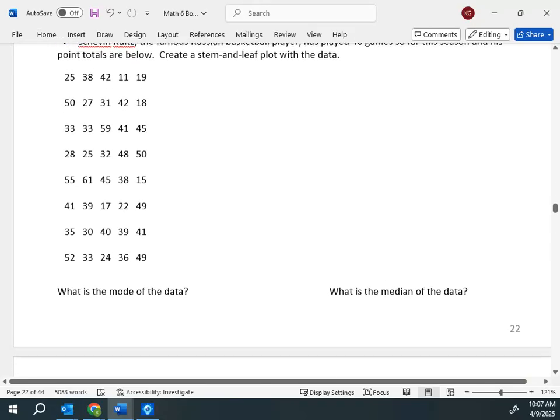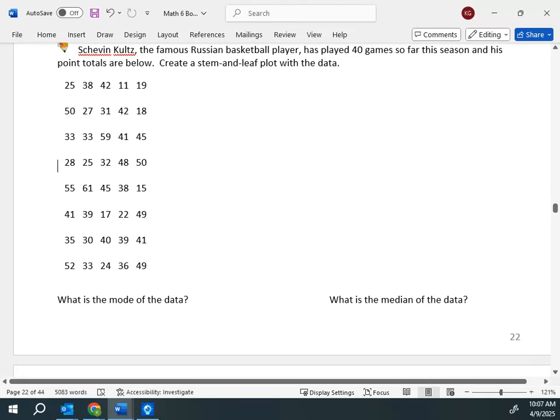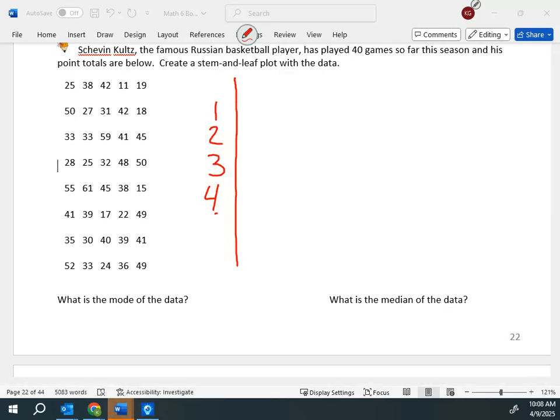So we've got 40 numbers here, because he played 40 games. We have to create our stem and our leaves. So we start up at the top with our smallest numbers, and then our 10s, 20s, 30s, 40s, 50s.